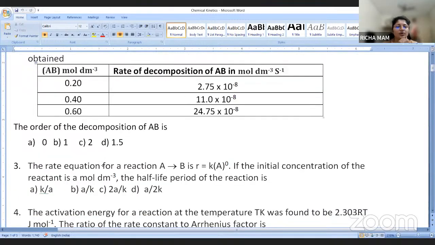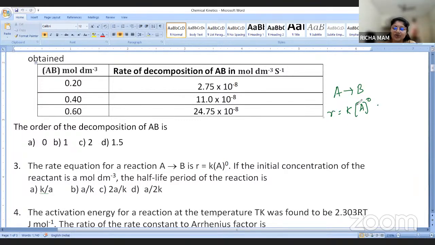Okay. The rate equation for a reaction A to B is R equals k concentration of A raised to 0. If the initial concentration of the reactant is a mole per dm³, what will be the half period of the reaction?